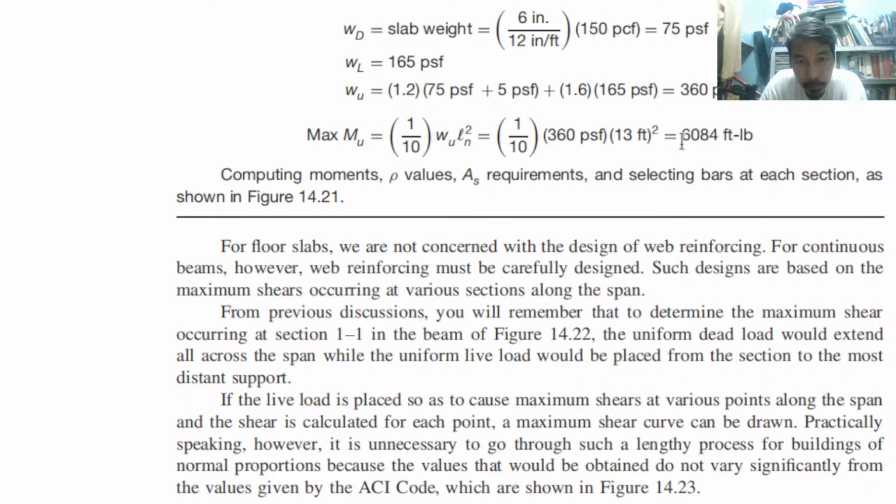So determine by computing the moments. You have to compute all of them. Then after that, compute the rho, using the moment. Then, after computing the rho, we can compute the area of steel. Then after that, we can select the reinforcement.